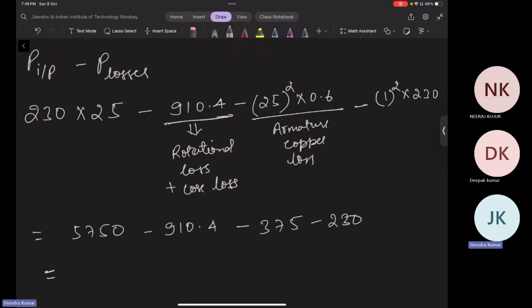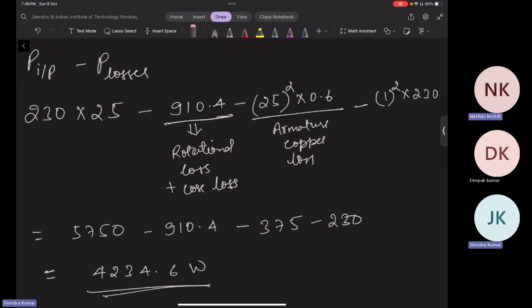So 5750 minus 910.4 minus 375 minus 230. It is coming out to be approximately 4234.6 watt. Are you getting the same?